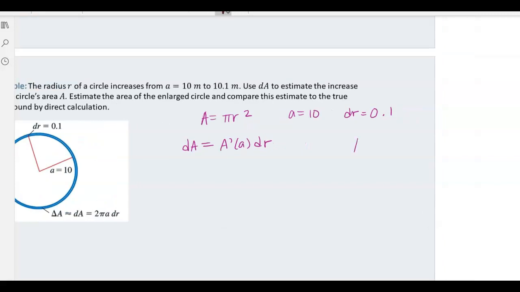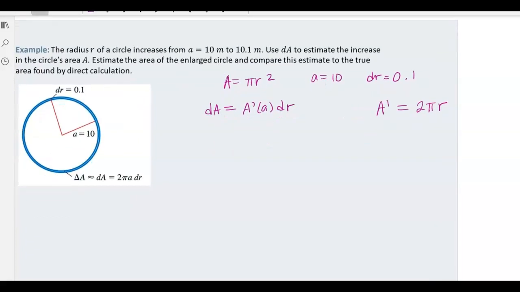What's the derivative of the area? Here we would have 2 times pi times r. I just used the power rule. Bring the 2 down into the front and drop the power on the radius down by 1. Okay, so I'm going to plug in what I have. dA is equal to, for the derivative, 2 times pi times a.